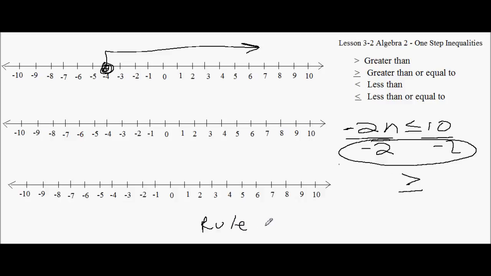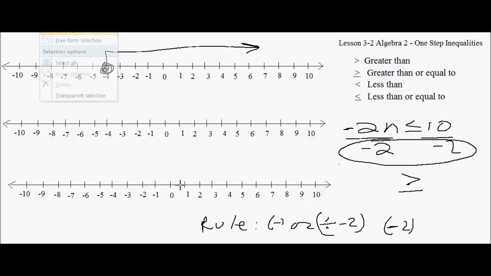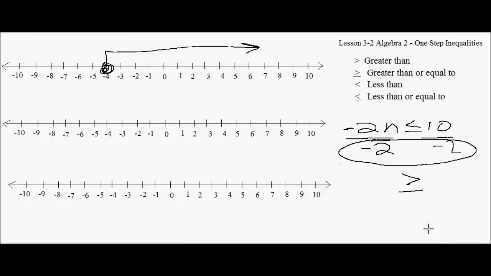If you multiply or divide by a negative, like divide by negative 2, or you multiply both sides by negative 2, then you have to invert the inequality. So that's very important to know and remember.